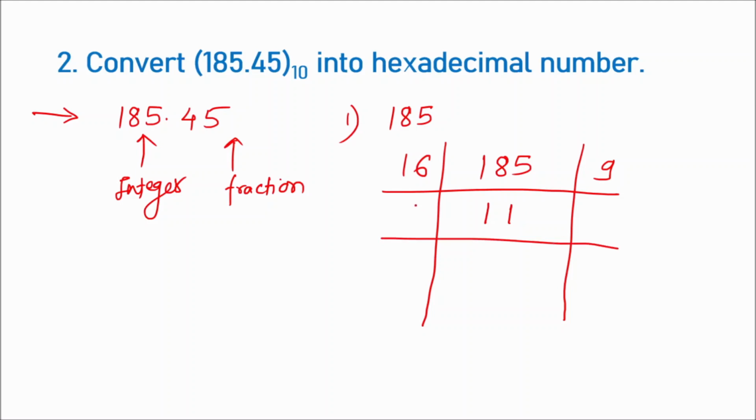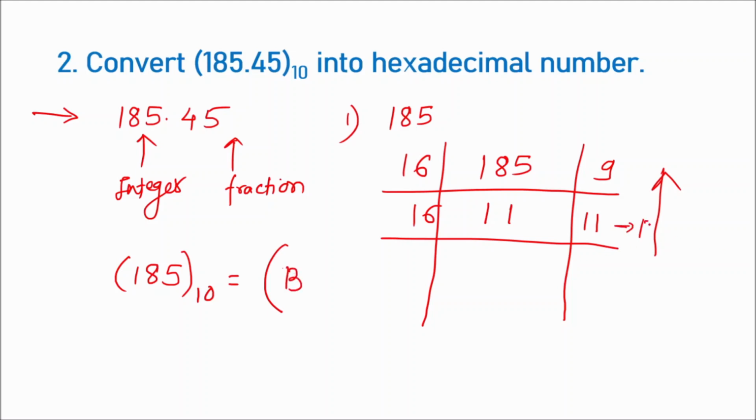Then 11 is not divisible by 16, so 11 as it is. But what is 11? We can write 185 in decimal as 11 9. But 11 is nothing but B. So B9 as a hexadecimal.